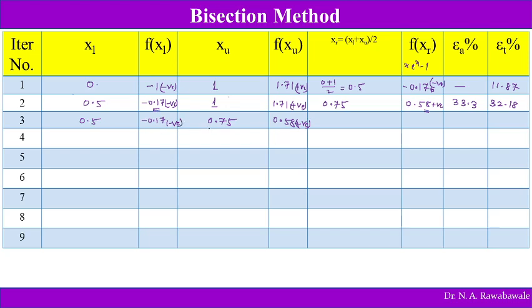Then again we take average of 0.75 and 0.5. The average of 0.75 and 0.5 gives us 0.625, and function value will be, if we substitute 0.625 in this equation, x e to the power of x minus 1, then we get this as 0.1676, which is positive.